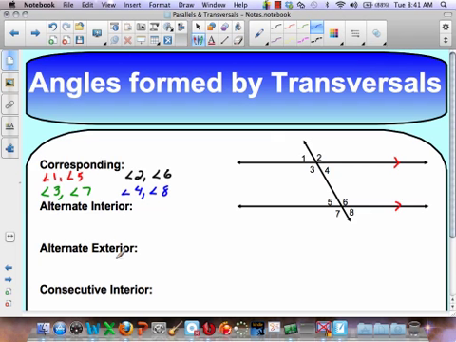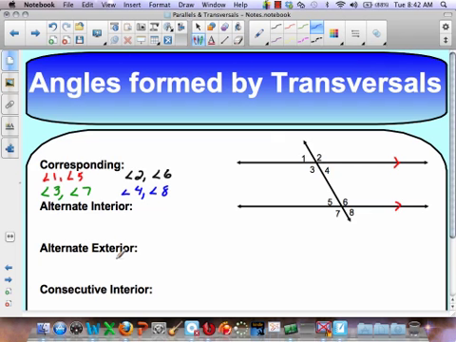Okay. Now, alternate interior. What does it mean to be alternates? If you're alternating, what are you doing? You're going back and forth, you're changing, right? And the word interior implies what? Inside. So inside means we're between the two lines.